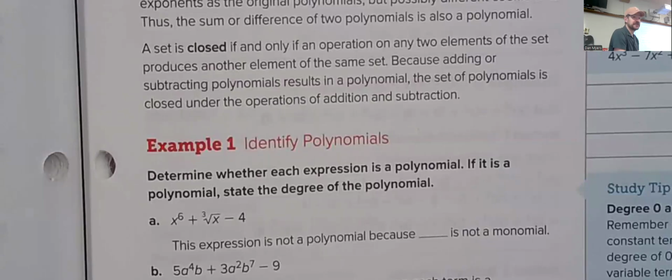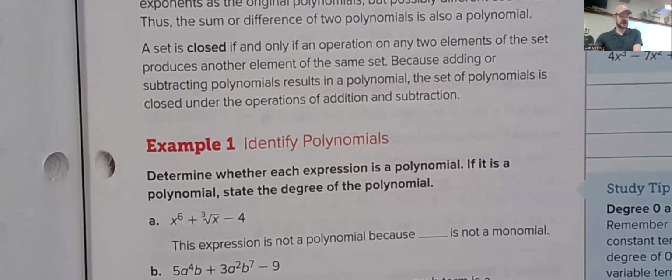You can't end up with a different type of number or a different type of thing if you combine polynomials by adding or subtracting. An example of this would be, this is a different type of example, but we just got finished talking about imaginary values, right? So we have two main sets of numbers. We have imaginary and we have real, correct? So if you were to ask, is the set of imaginary numbers closed under multiplication?